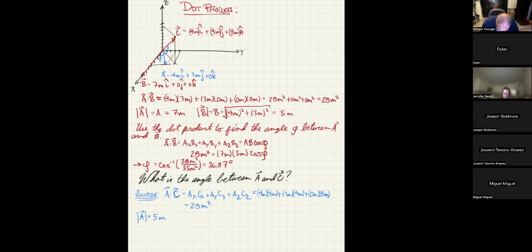And the magnitude of C, that's equal to the square root of 4 meters squared plus 4 meters squared plus 8 meters squared, which equals the square root of 96 meters squared.